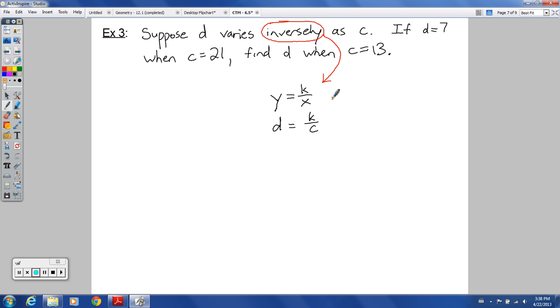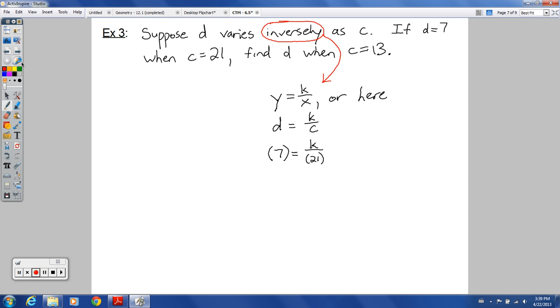So here, it is D equals K over C. So we're going to plug in values now. I know that D is 7 when C is 21. So let's plug in 7 right here, and let's plug in 21 right here. I don't know my constant of proportionality yet. I don't know what K is. So I'm going to have to solve for K right here.